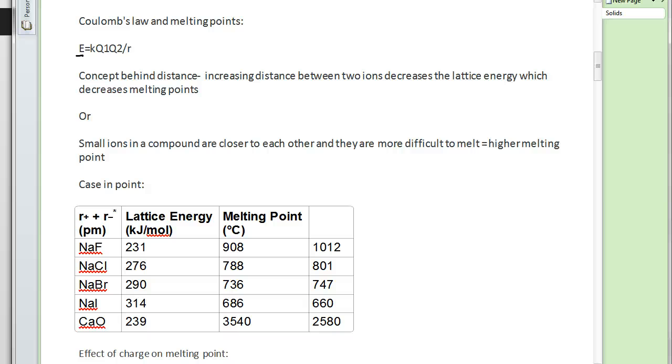Q1 and Q2 are our charges, the charges of our anion and our cation, and R is the distance between these two ions.